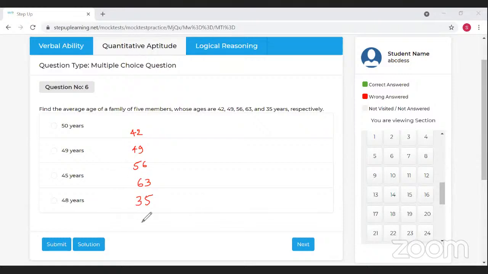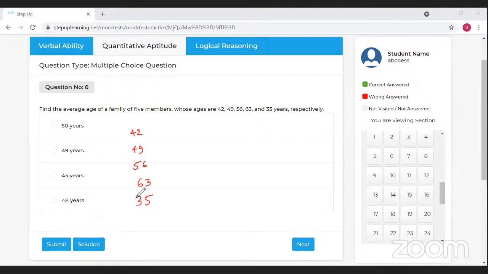Just add all and divide by 5, right? That's one way of doing it. Another is 9, 6, 15 plus 2, 17 plus 3, 14. One more way you can do this question is, I don't know how many of you will be able to understand, but are you comfortable in adding and dividing it by 5?